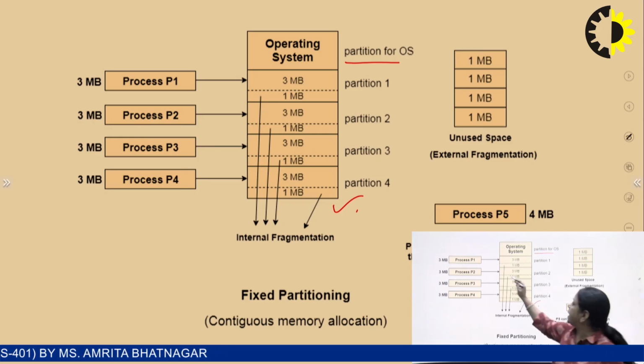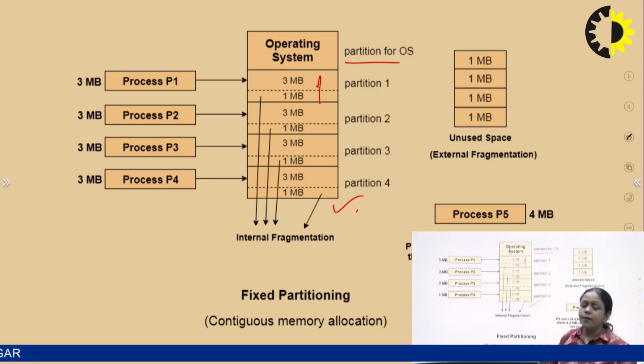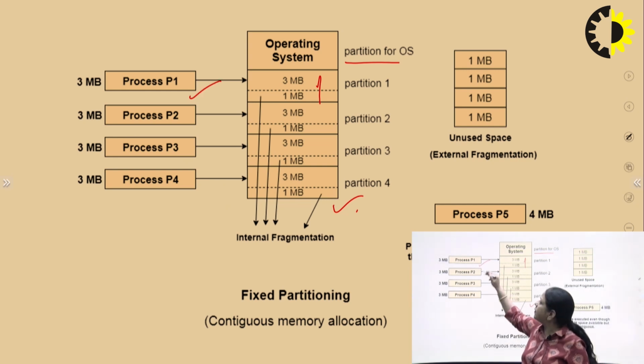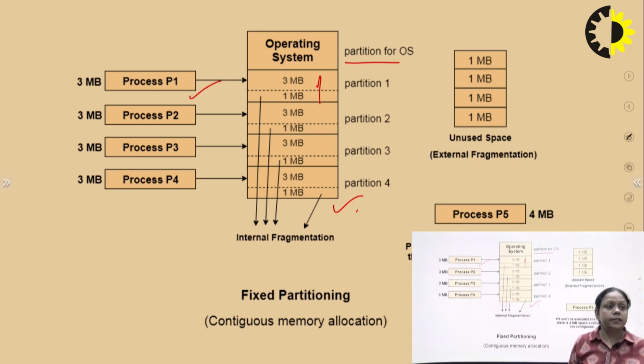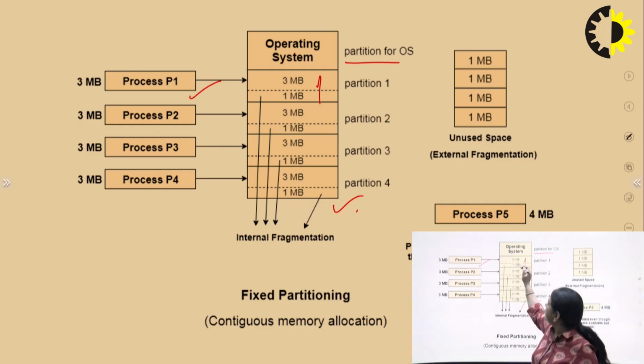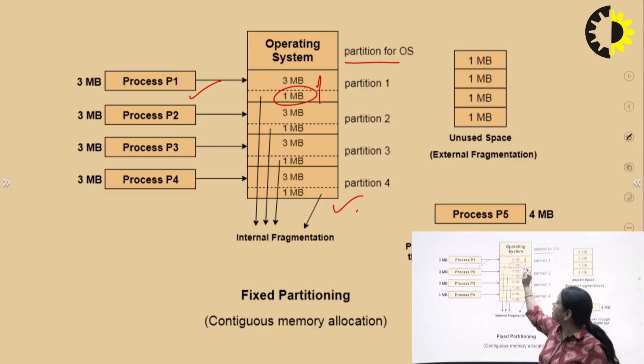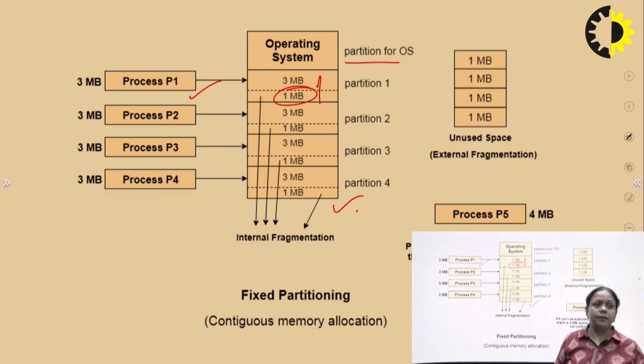You can see here the first partition size is 4 MB, and we have one process P1 in this memory area, and the size of this process P1 is 3 MB. It will reside in this memory area, but the remaining 1 MB will be leftover space in this partition.